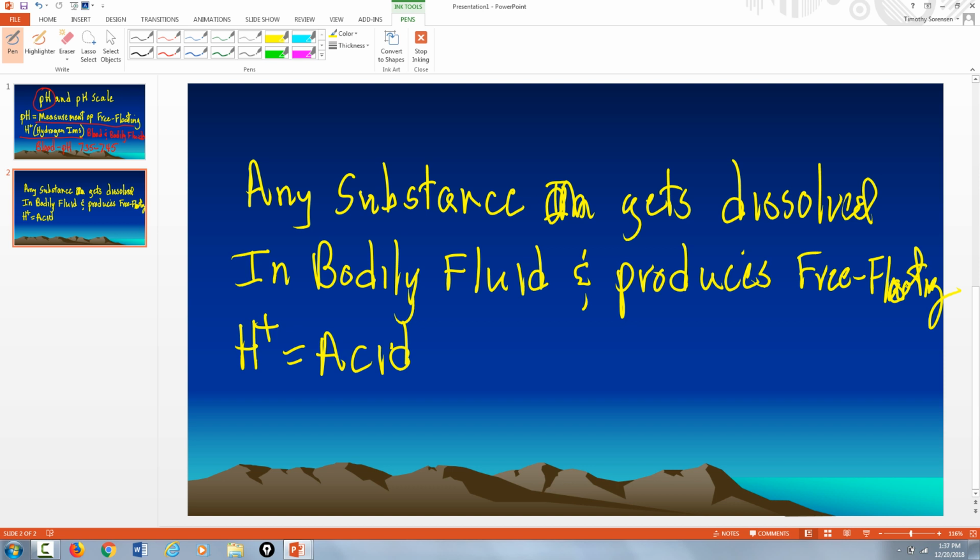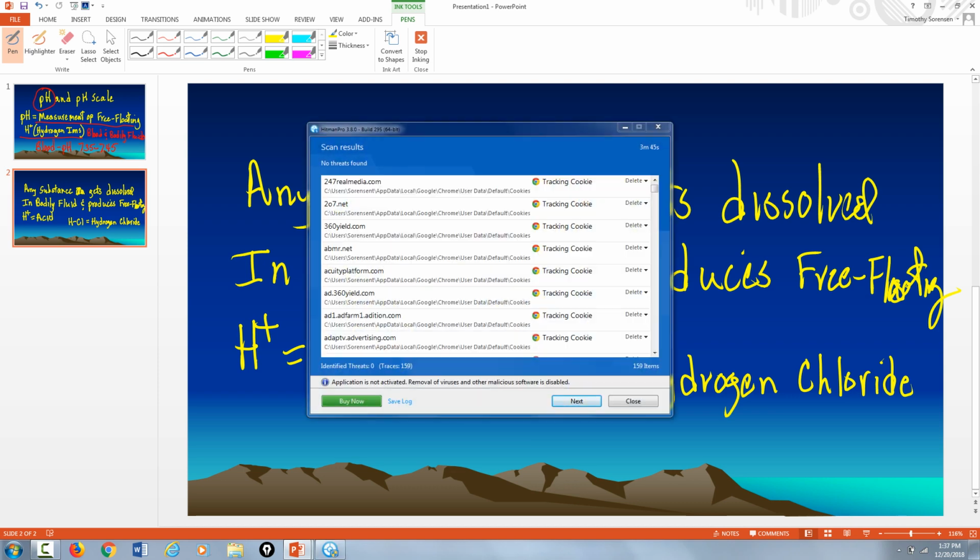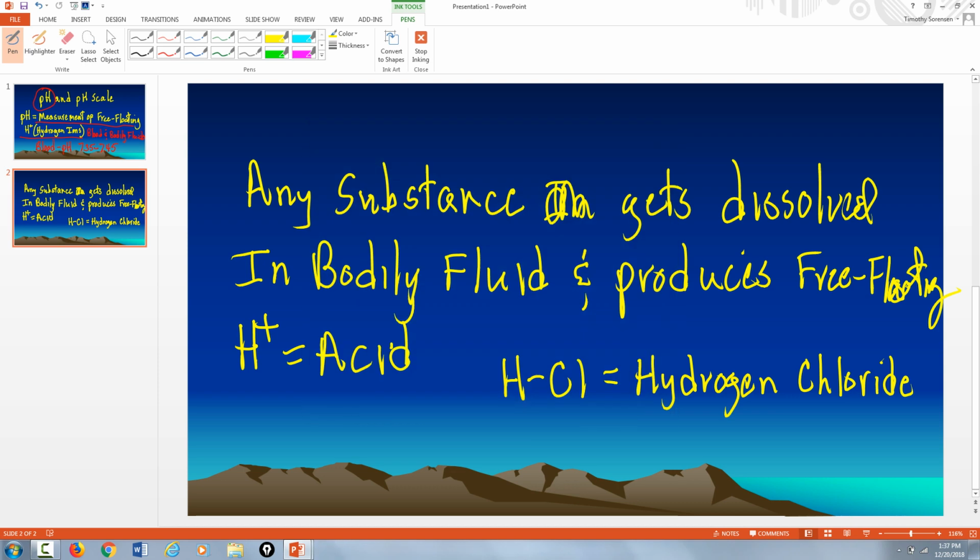Let me give you an example. When you combine hydrogen and chloride, you get what's called, you're not going to believe this, hydrogen chloride. Remember that substances held together ionically are held together weakly.